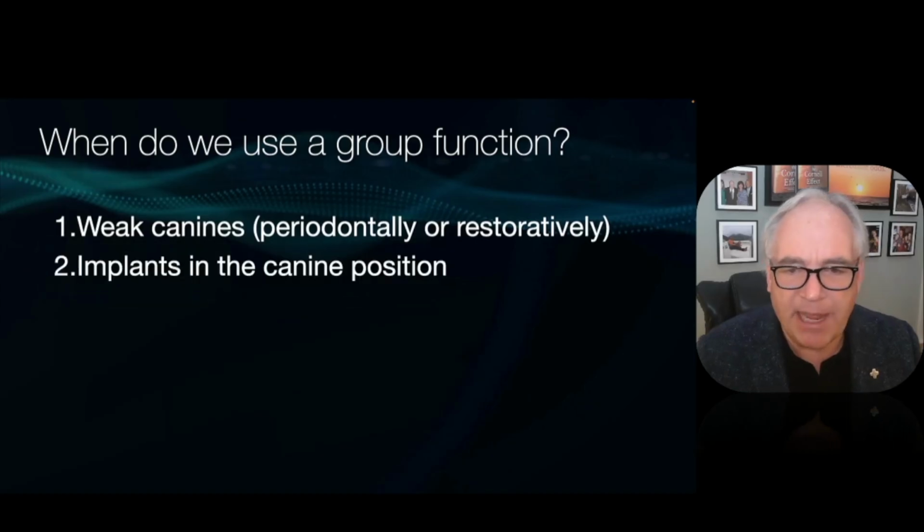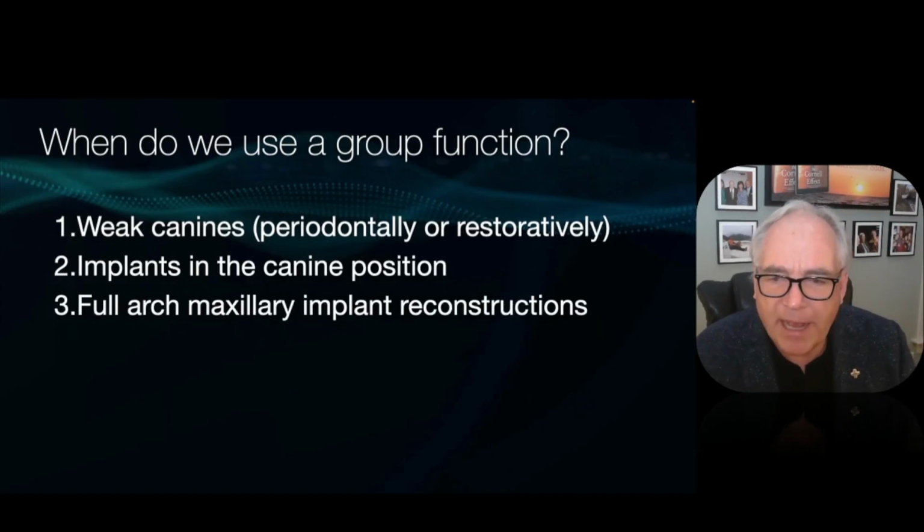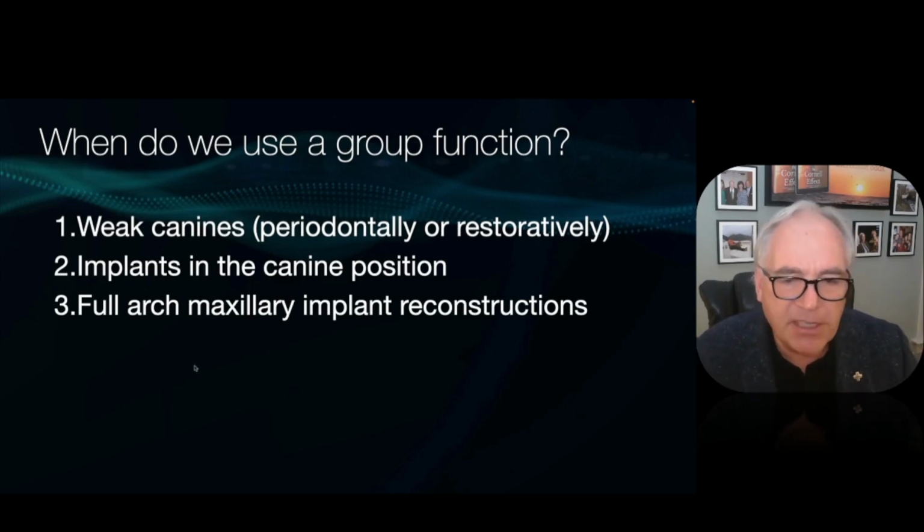Anytime there's an implant in the canine position, which also includes full mouth maxillary implant reconstructions, anytime you've got a canine and an implant involved in a maxillary canine, we don't want all the lateral load on that tooth. I learned shared, shallow, and splinted from Carl Misch years ago, and sharing it over multiple teeth is the concept of group function on these cases.